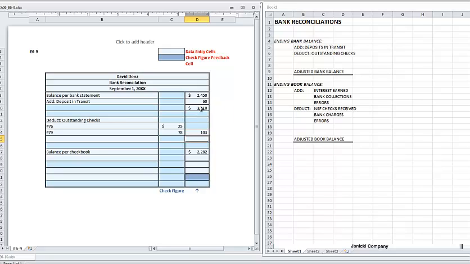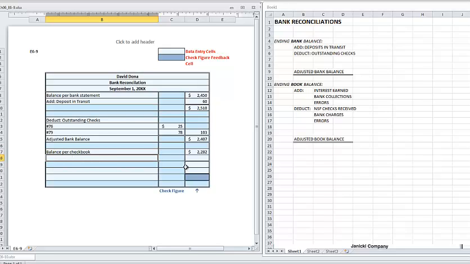So when we take our balance here and deduct the outstanding checks, we'll get an adjusted bank balance of $24.07.